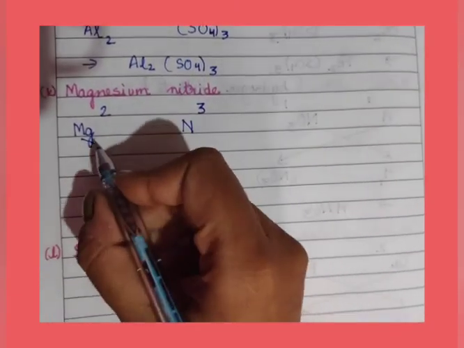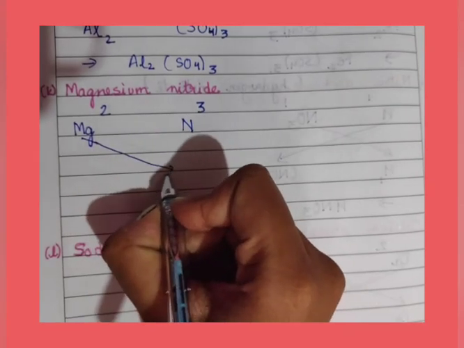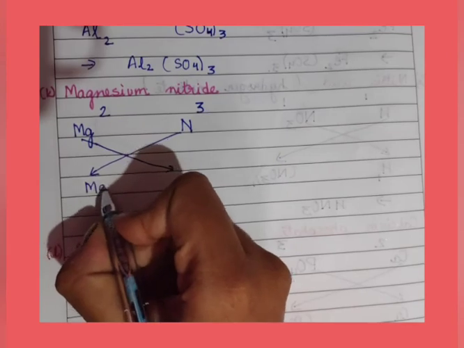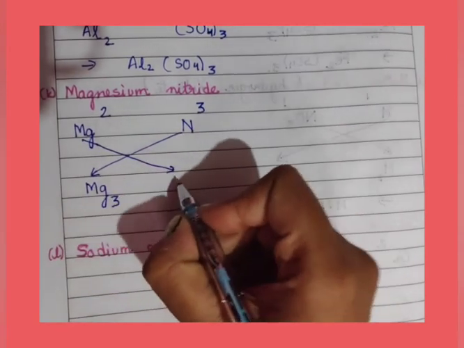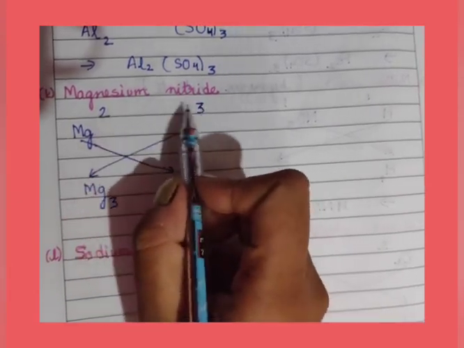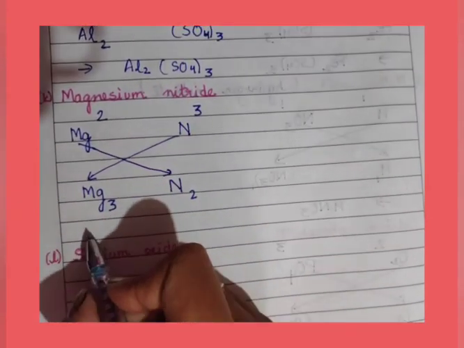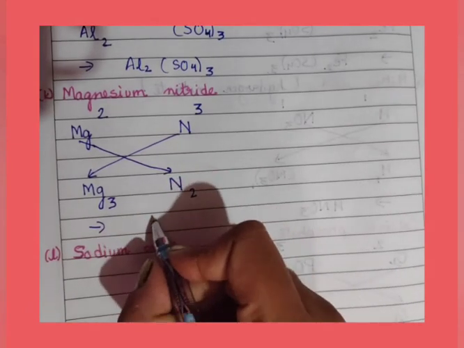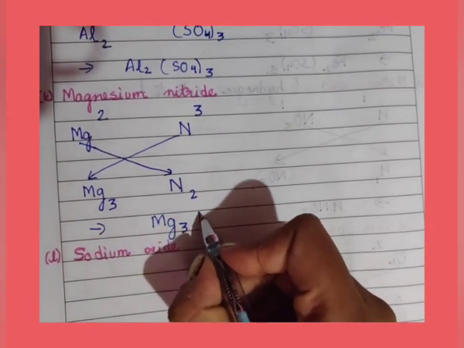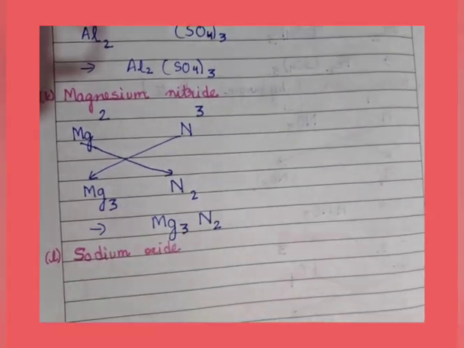Now they will interchange the valencies. So what do we get? Here we get Mg3 and what do we get here? 2. You see, they have interchanged the valencies. That's why it is called the crisscross method. So the formula is Mg3N2.